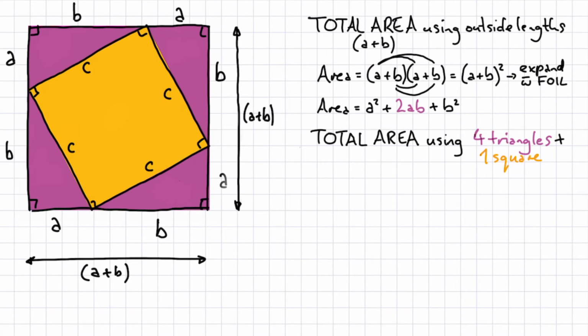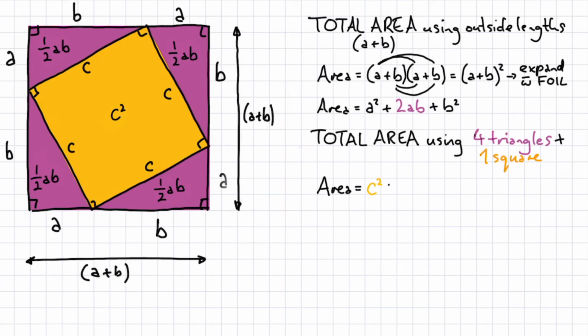The area of a triangle is half base times height, and given it's a right-angled triangle, each of those triangles would be half times a times b, so as you can see I've labelled all four of them as half ab. Similarly, the area of a square is just c times c, so it's c squared for that inner square.